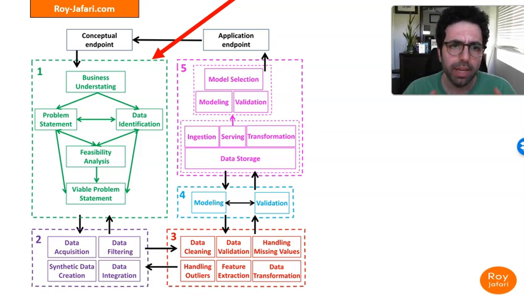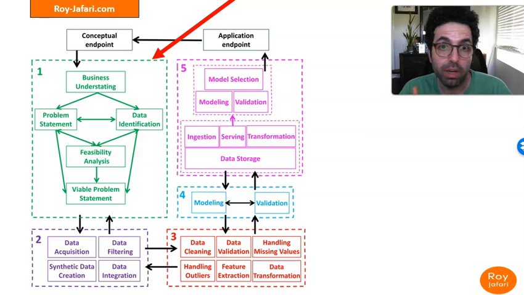And then the problem, at first in the conceptual endpoint, was: we have data, we have employees that are churning on us, can we use this to improve it, right? So that's sort of the conceptual idea. But then the problem becomes: can we create a prediction model to predict employees churning? And then we have to pay attention: do we have the data to be able to do this?